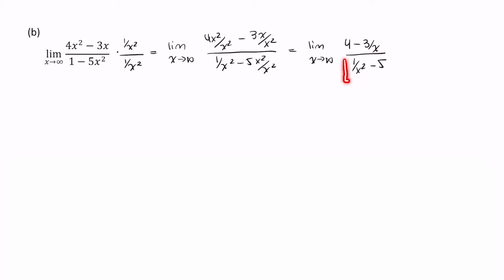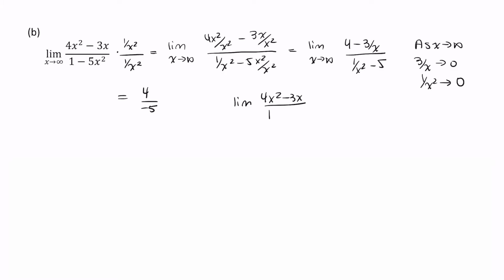In our denominator, we have 1 over x squared minus 5, and our limit is still as x approaches infinity. Well, as x approaches infinity, 3 over x approaches 0, and 1 over x squared also approaches 0. So our limit simply becomes 4 over negative 5. So the limit of 4x squared minus 3x divided by 1 minus 5x squared as x approaches infinity is negative 4/5.